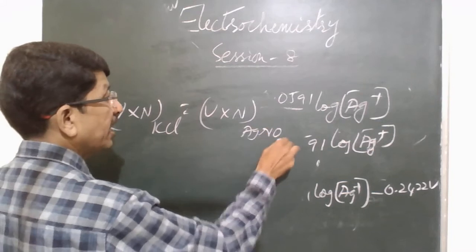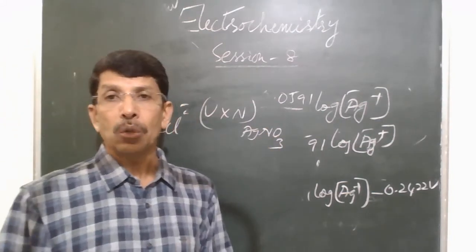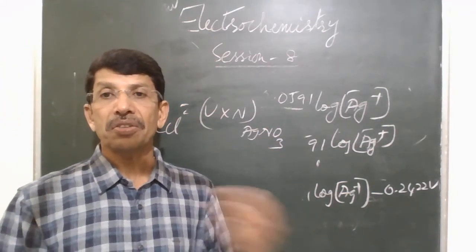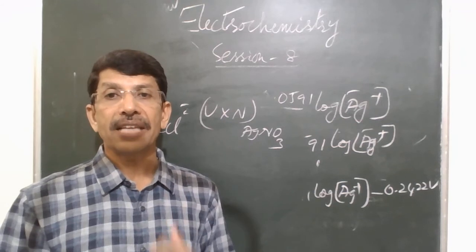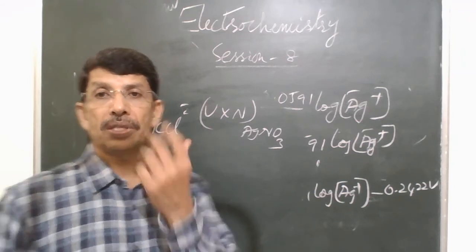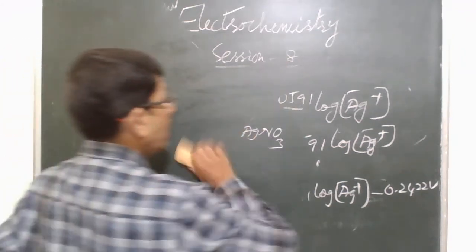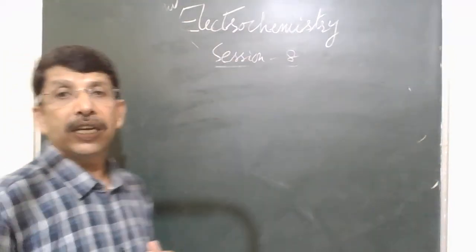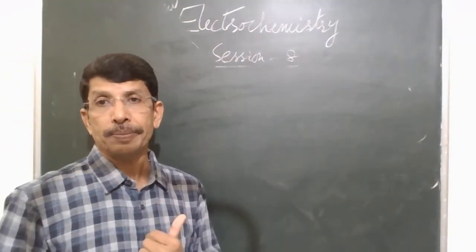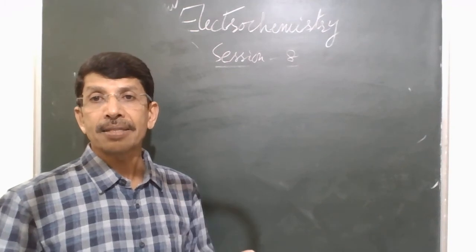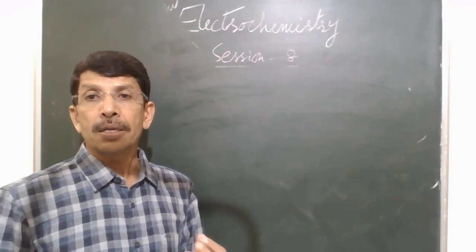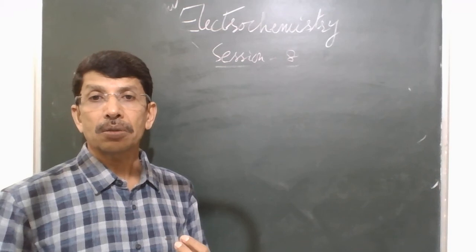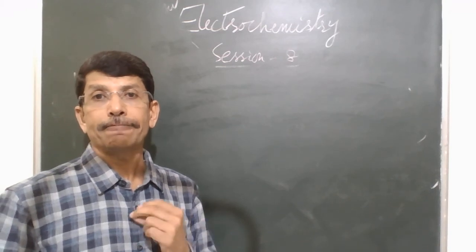Using this equation N1V1 is equal to N2V2, we can calculate the concentration of silver ions or silver nitrate in the solution. So this is the principle underlying potentiometric titration pertaining to a precipitation reaction. We have considered the example of the precipitation reaction of silver nitrate and KCl.